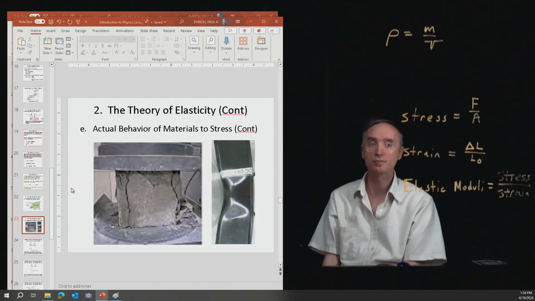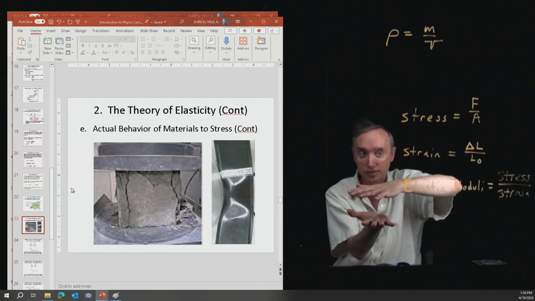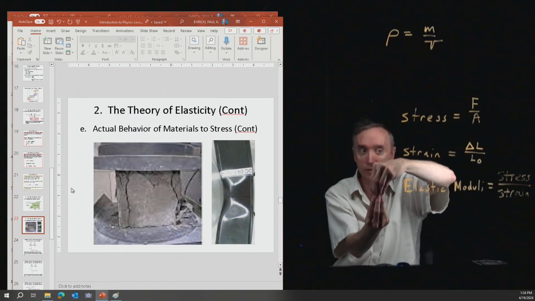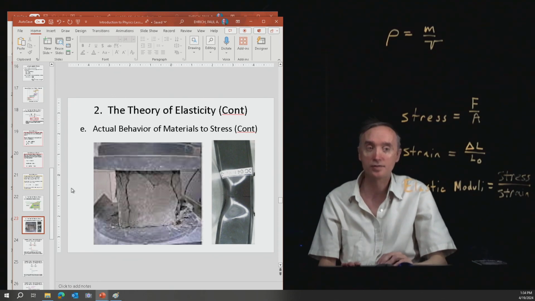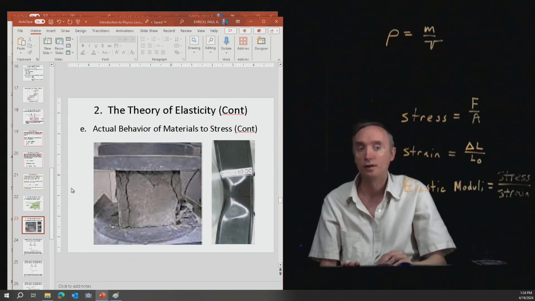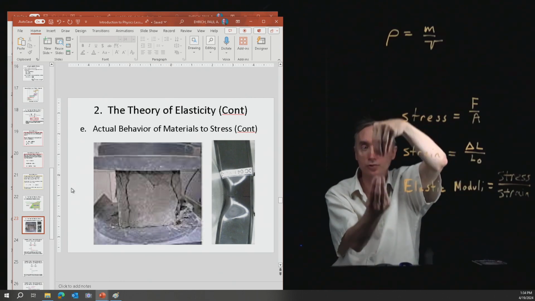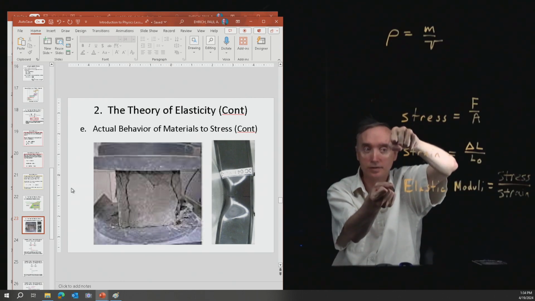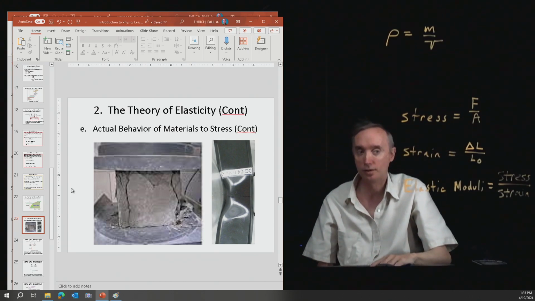They also do experiments where, instead of squeezing something, they pull on it to see what will happen. And with this girder, instead of pulling and pushing on it, they're bending it. They want to know how much force they can apply to it before that girder will begin to bend.